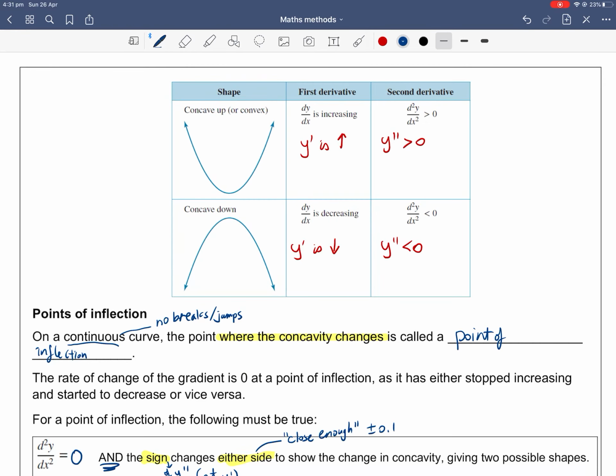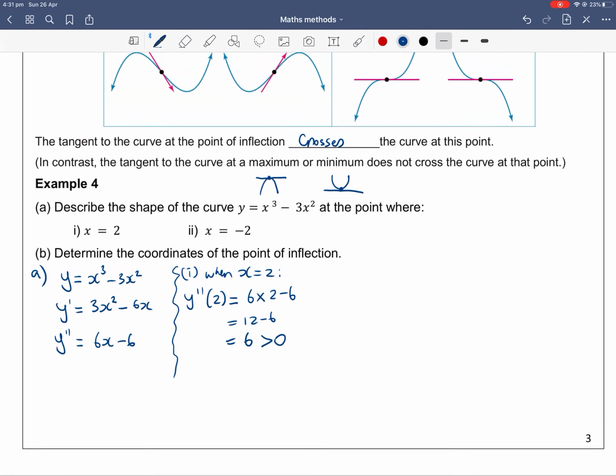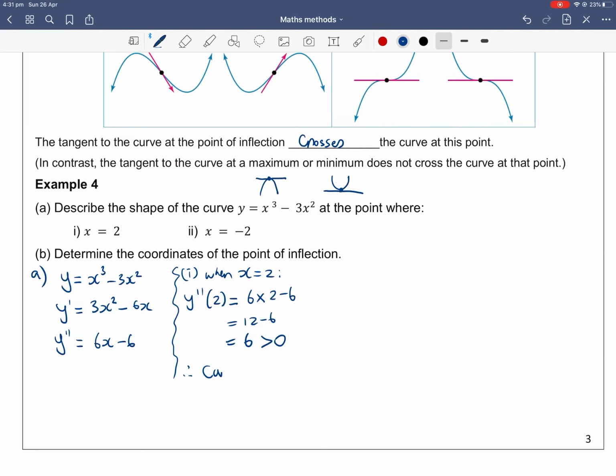So going back up to our definition, if our second derivative is positive, then we have a concave up or a convex shape. So therefore, the curve is concave up, or in other words, convex at the point x equals 2.